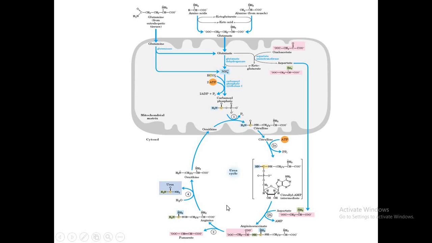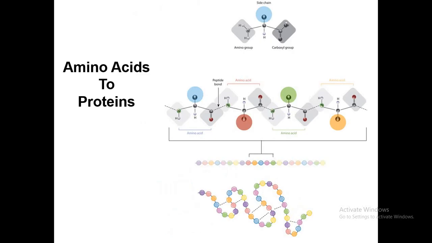For understanding more about the urea cycle, you can also watch my other lecture that is based wholly on the urea cycle. So here we see how these amino acids join together and form the protein or polypeptide chain.